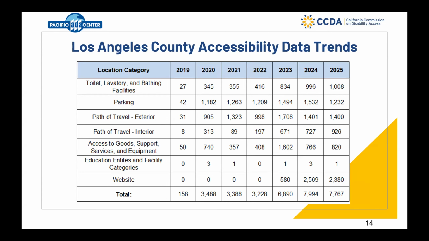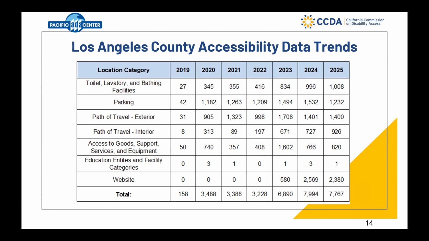So let's again talk a little bit about the data trends. Some of the location categories we'll be talking about are the toileting, lavatory, and bathing facilities. There's a chart here, and I'm going to be talking about the highlights of it. In 2019, there were 27 violations, and then in 2025, there were 1,008 violations, so it started to climb.